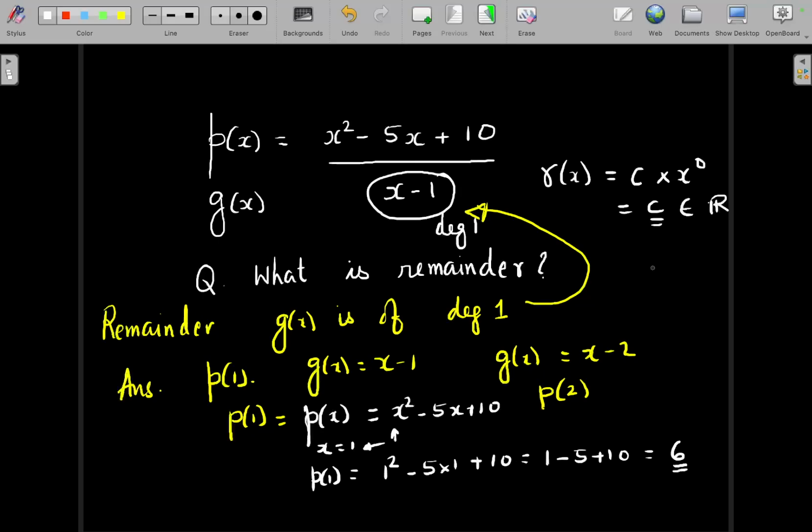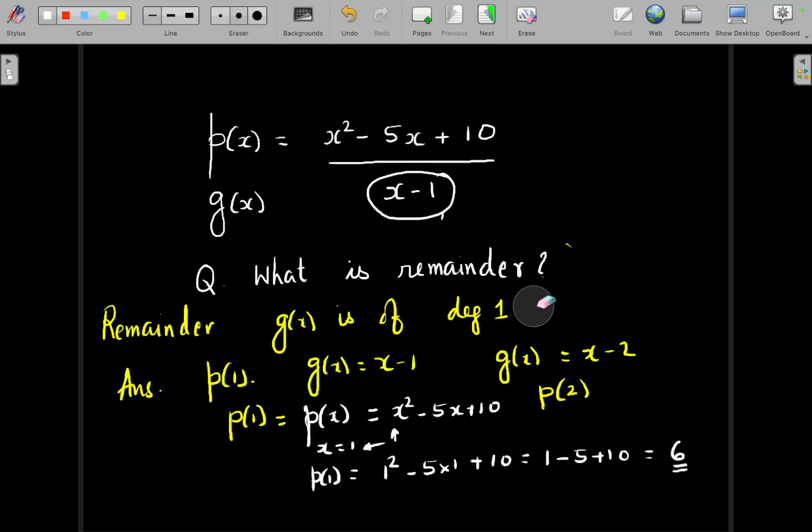Now let me quickly check to see whether we are right. Well, we only know one other way to get the remainder, and that is to do the division, which we did last time. So let's actually do the division. x minus 1, and then we have x square minus 5x plus 10.